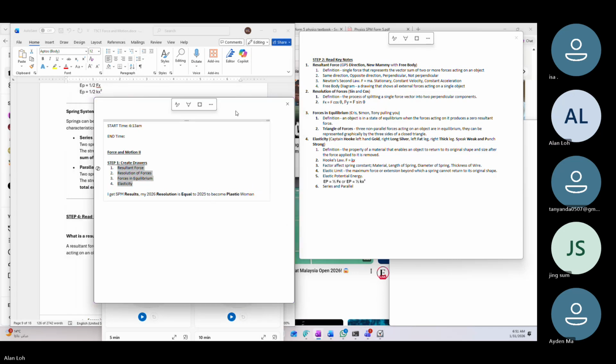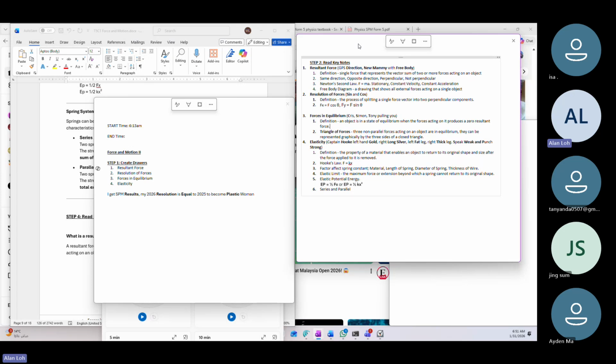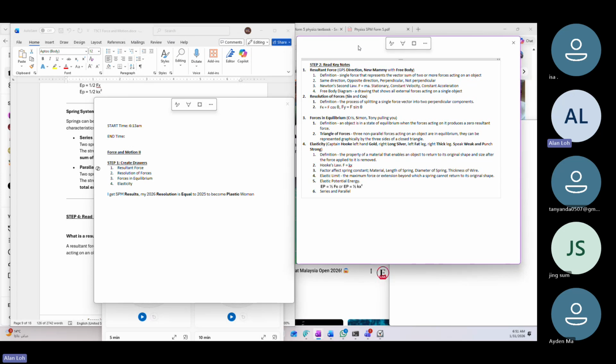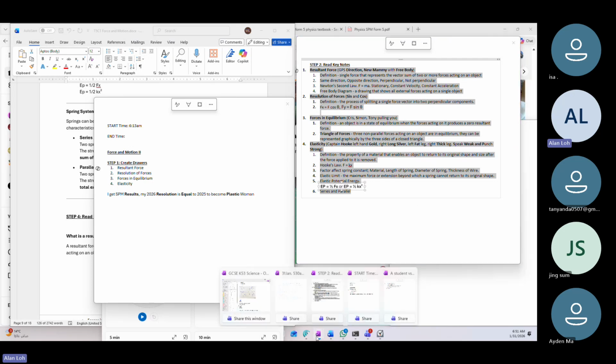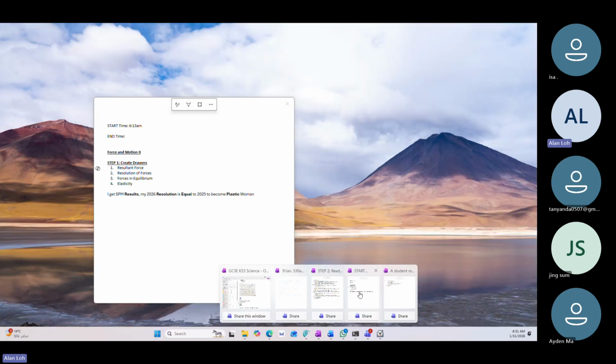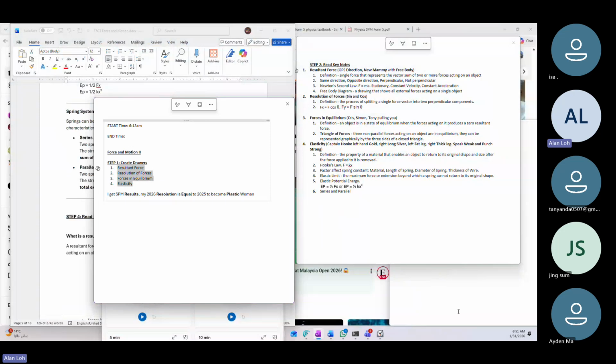Now, by now, I hope that my students in this group, when you read this again, you understand a bit more than when you read this the first time. When you read this the first time, we started at 6:13. Now it's 6:51, maybe half an hour ago.